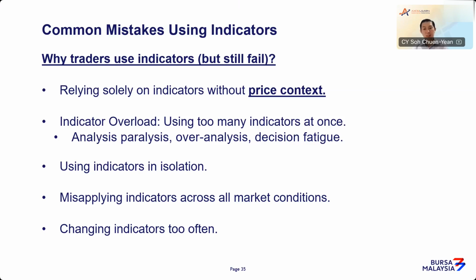Some indicators work very well in sideways directions. If you apply the wrong tool in the wrong context, of course it will result in poor entries and poor exits. So when you combine things together, you need to make sure both of these things actually help you in terms of giving you more harmony.